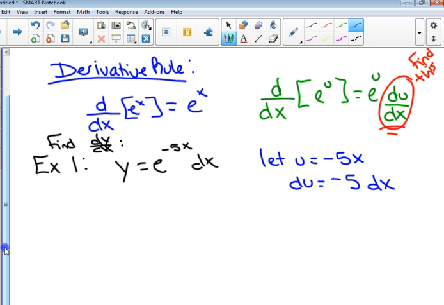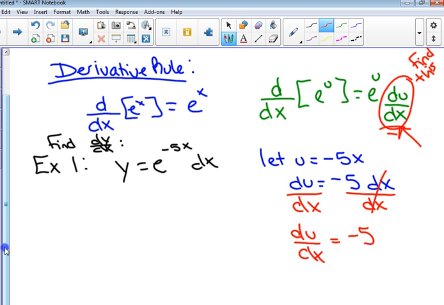That's what du equals. Now, what you want to find is this, du over dx. So imagine, what would you have to divide this by? dx. Nice, Kaylee. So if I divide by dx, du over dx is equal to negative 5.